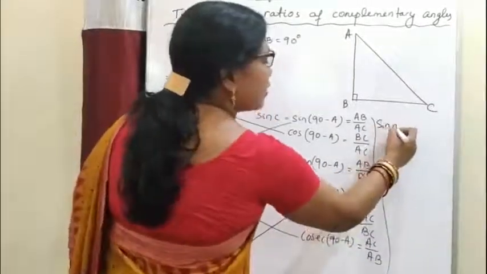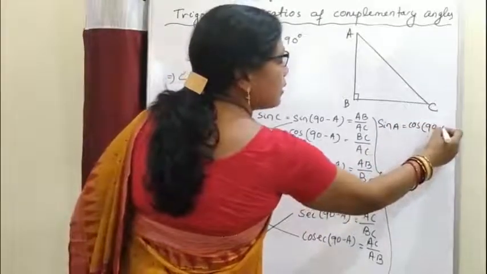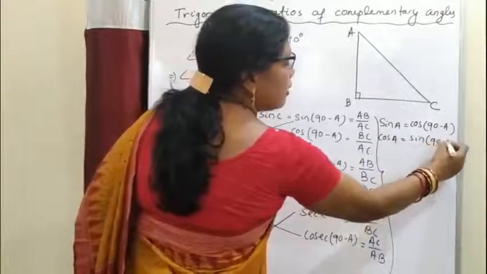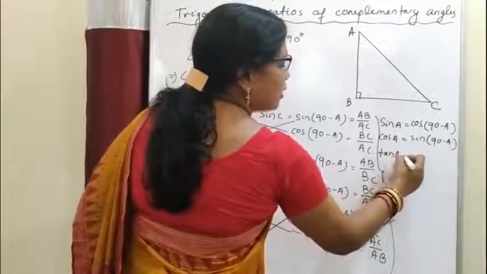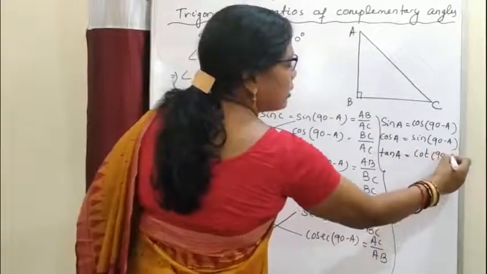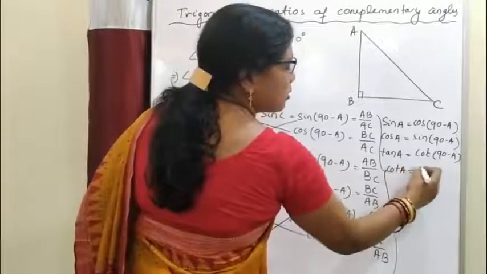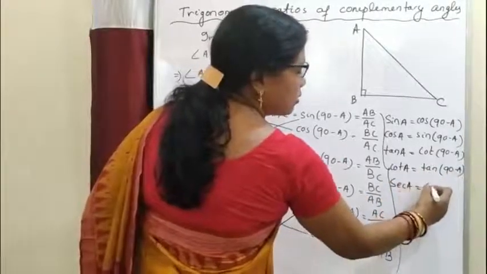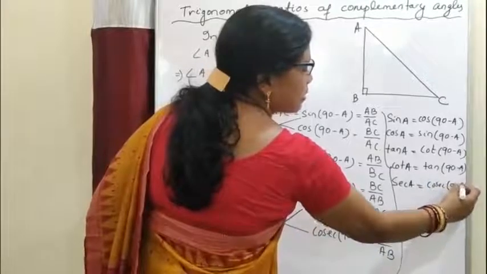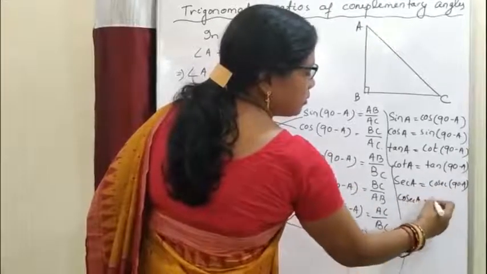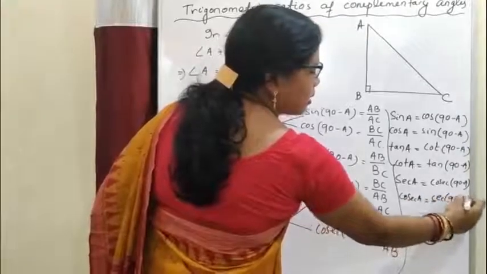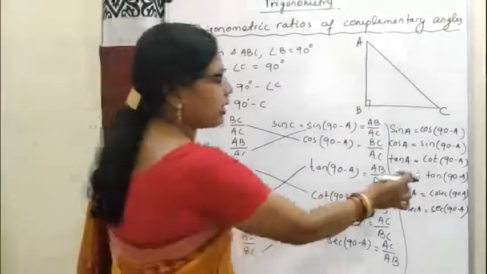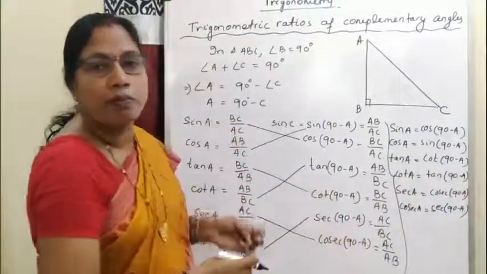So sin A is equal to cos 90 minus A, or cos A is equal to sin 90 minus A. Tan A is equal to cot 90 minus A, or cot A is equal to tan 90 minus A. Sec A is equal to cosec 90 minus A, and cosec A is equal to sec 90 minus A. So you have to remember, these are the trigonometric ratios of complementary angles, as A and 90 minus A are complementary angles.